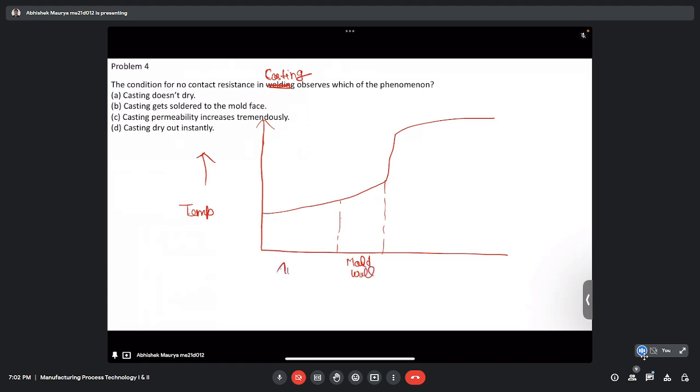This is the air, and after the mold walls, there will be some region where the molten metal has been solidified. And after that, we will have a zone with liquid metal, and we know liquid metal has the highest temperature.